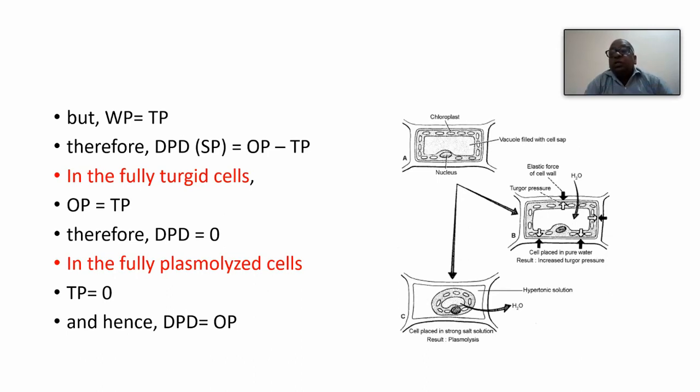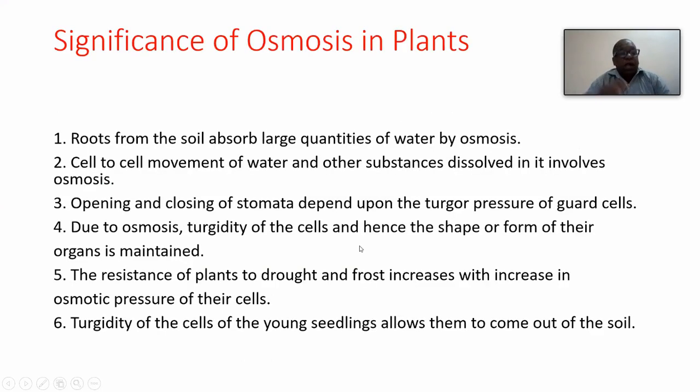Hypotonic solution. If the outside hypotonic solution is there, it increases. If this is in hypertonic solution, okay, the water goes out. Here water goes in. So when you read the slide, you can understand.